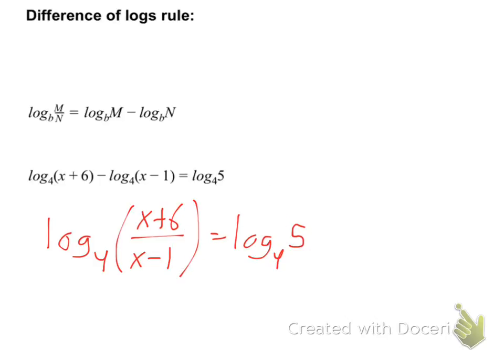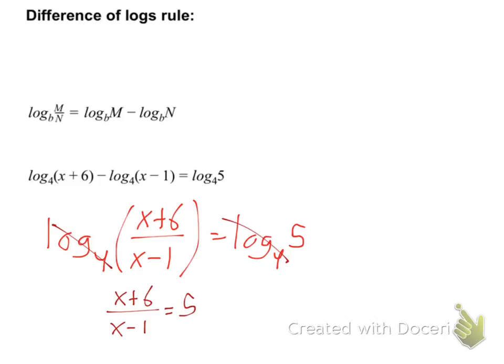So at this point, you're like, wait a minute, I basically can cancel the logs out and ask, when does x plus 6 over x minus 1 equal 5? And can you solve that?